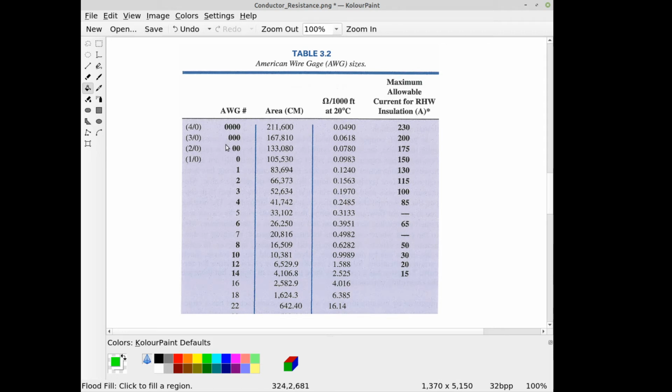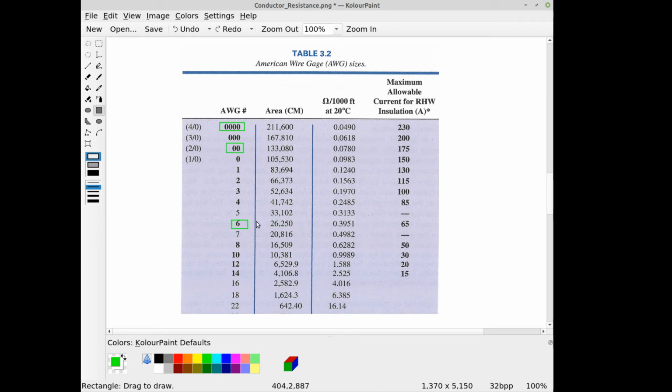In the American wire gauge, we have 4/0 wire, 3/0 wire, 2/0 wire, and as the number goes up, the cross-sectional area goes down.